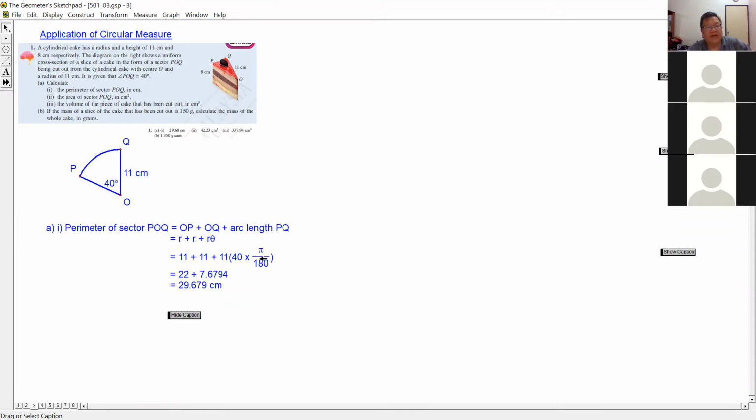Now this angle 40 degrees, you have to convert into radian, right? They are given to you in the form of degree, but you have to convert to radian. How to convert to radian? Multiply by pi over 180. So 22 plus this number, which is 29.679, is the answer. Okay, right.